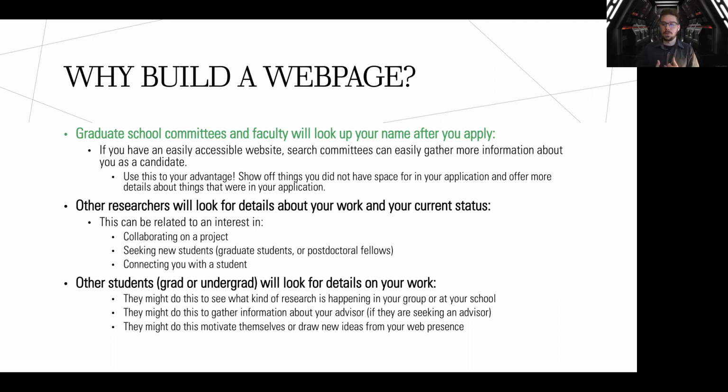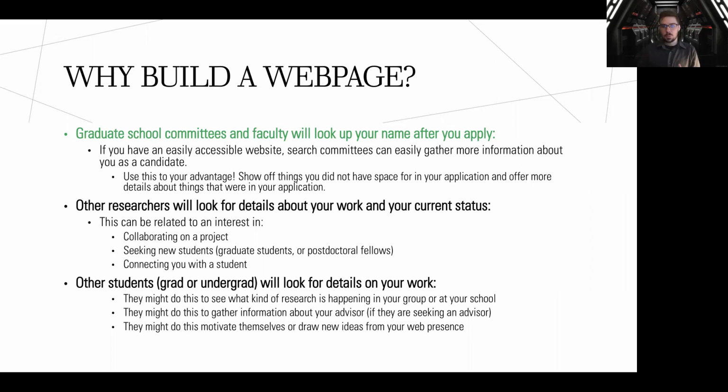If there are things that you included but couldn't put enough details, you can add more on your web page. Likewise, if there's things you couldn't add to your application but you want to showcase, maybe it's outreach work or teaching abilities, even just hobbies, you can also showcase that on your website. So it gives these faculty members and search committees another view of you beyond your application. So it can be very beneficial to you as a student.